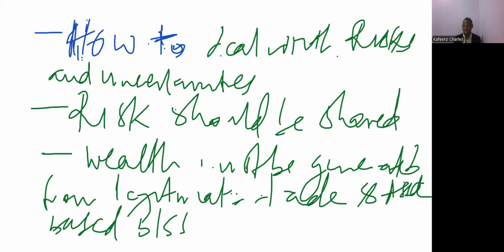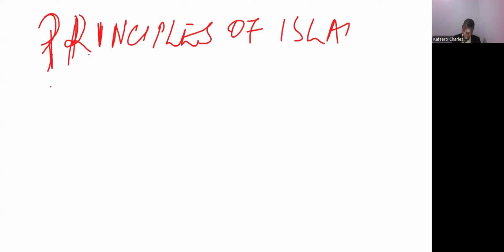Detailed analysis of the principles. Then we shall also look at the advisory council, what its makeup should be, and what they are mandated to do. We are going to give a detailed analysis of those principles of Islamic finance.